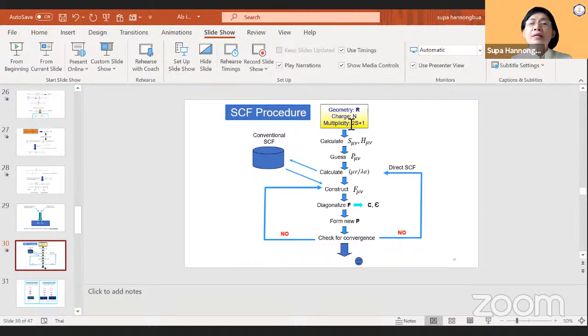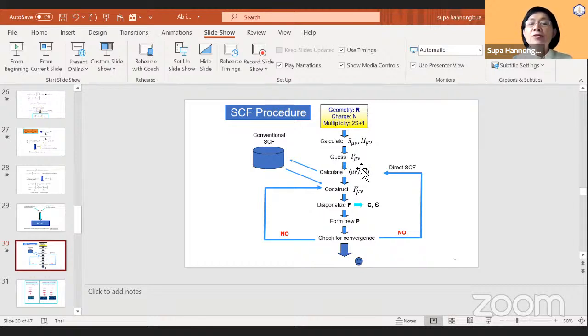And then we guess the initial terms and calculate the orbital overlap integral and the interaction between the electron in the mu orbital and the nu orbital. And then we can find the guess P mu nu, which is the term also in the Hartree.